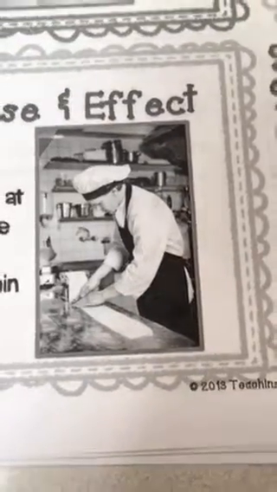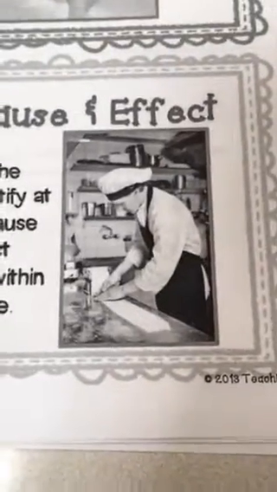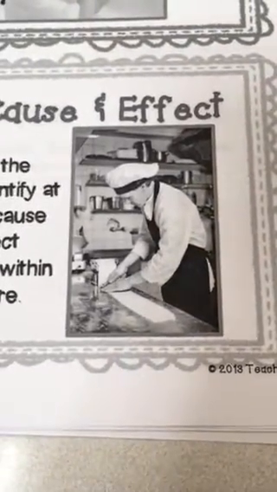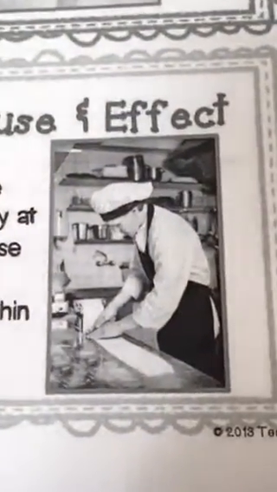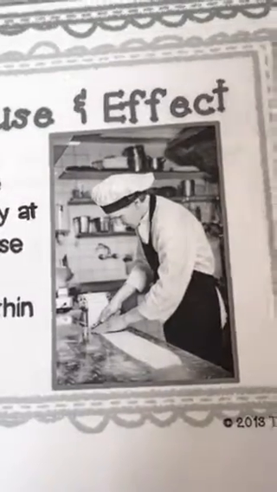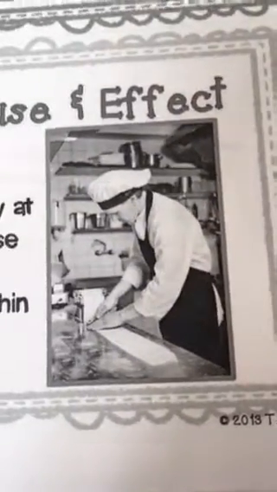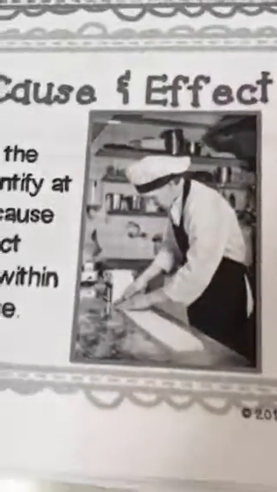Why did that happen? You should be able to come up with this in your head. So I would say what happened? The chef was cutting noodles, making noodles for pasta. Why did that happen? Because he was serving spaghetti tonight.